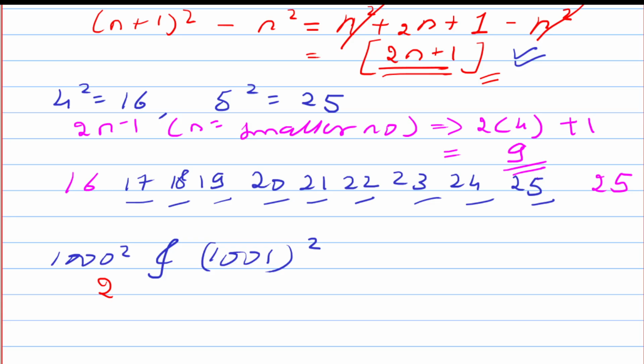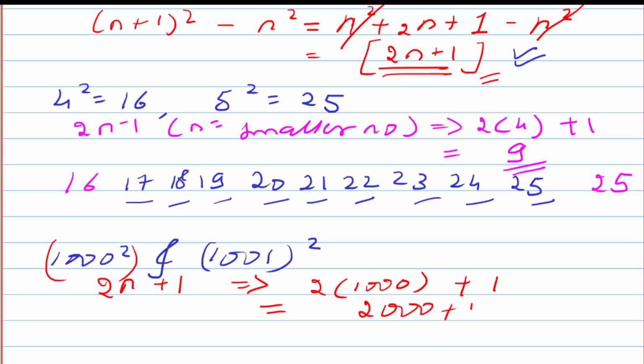We are finding the number of numbers which will exist between the answer of this square and the answer of this square, right? So the formula is 2n plus 1, and we substitute the smaller number in the place of n. So 2 into 1000 plus 1, which is how much? That is 2000 plus 1, which is equal to 2001.